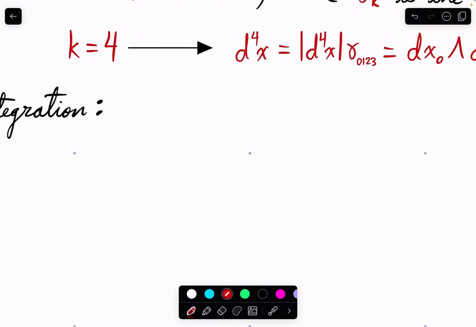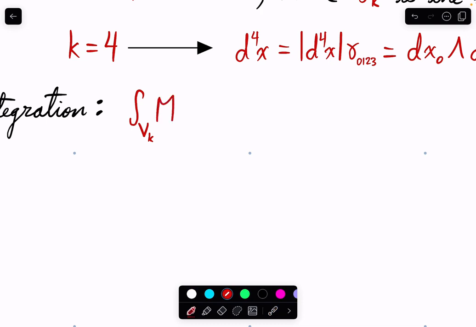In this directed integration, you're taking the integral over some k volume. So this is a volume of dimensionality k. If it's one dimension, then it's a line. If it's two dimensions, a plane. Three dimensions, a volume. Four dimensions, a hypervolume. That's what this is. It's telling you to integrate over that region.